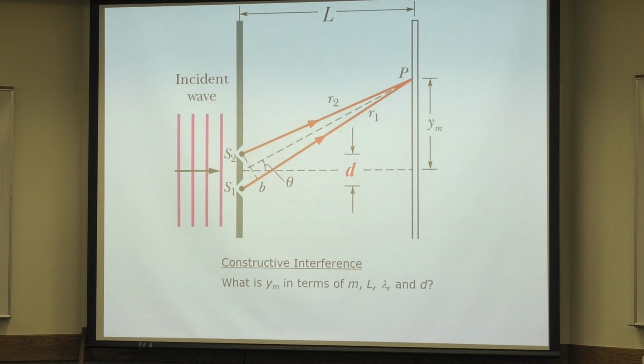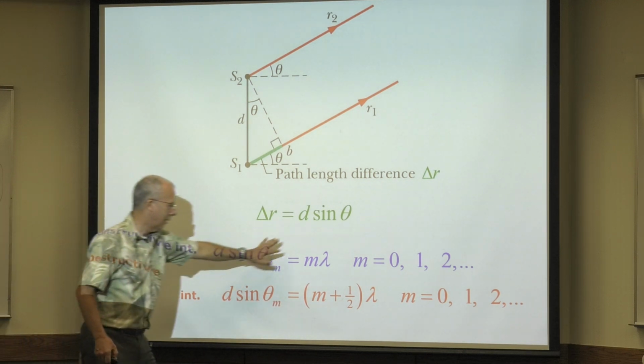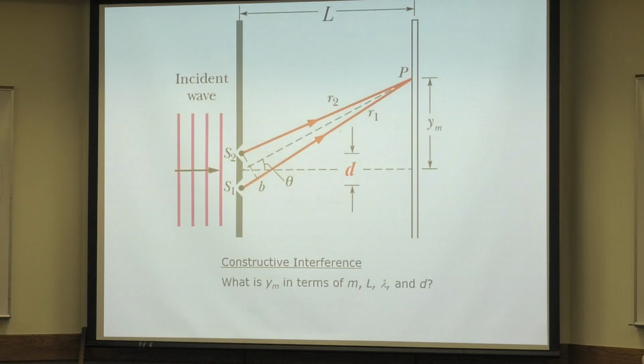And you're going to use the equation we just derived a minute ago. So pause your videos and figure it out. You have to be able to do this. Figure out that constructive interference.